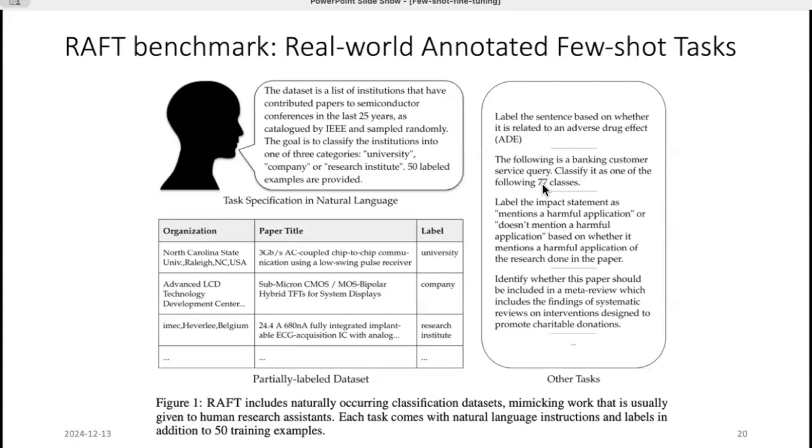And these are different task descriptions over here. So some is based on labeling the sentence below to see whether it is related to an adverse drug effect. And given the banking customer service query, classify into one of the following 77 classes, it's a lot of classes, etc. So these are all classification tasks.